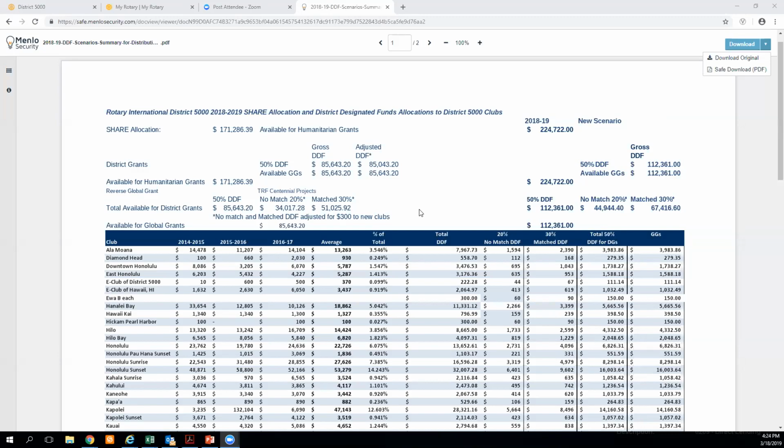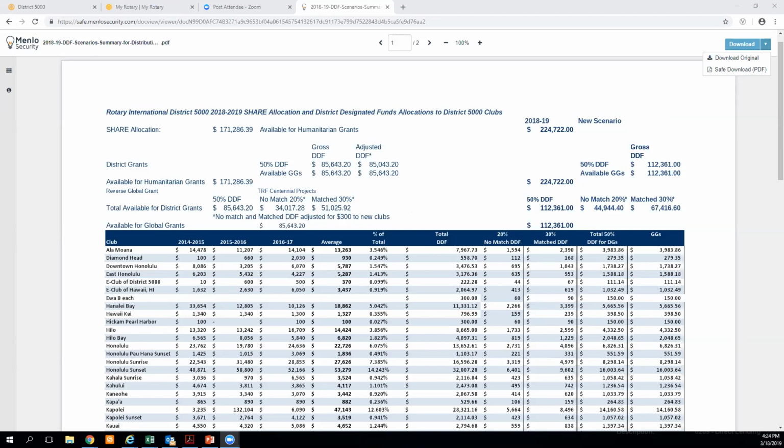Okay. So this spreadsheet, for those of you who have already seen it, the left-hand columns are the 3 years that clubs made contributions through Share to the Rotary Foundation.